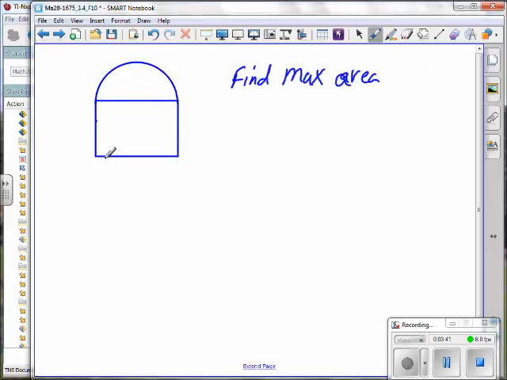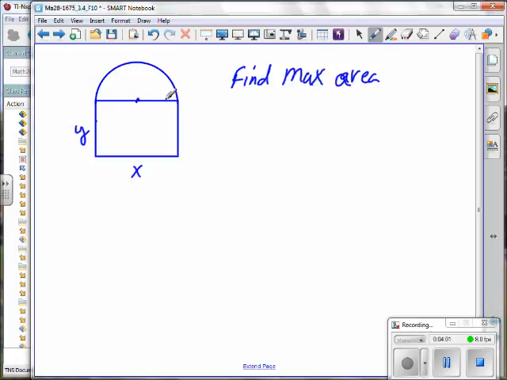Because if I need to find the area, what information do I need? I want to find the area of this. I need what dimensions? Yeah, I need some information, don't I? I need to know the width and the height of this.